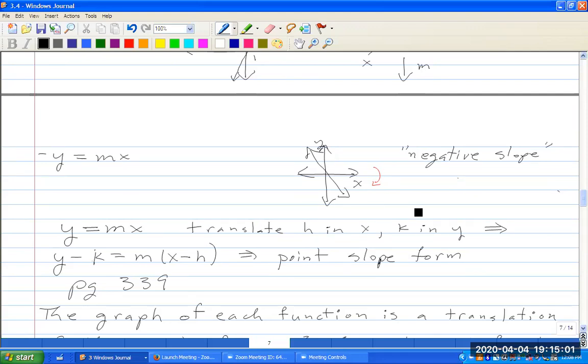Now, suppose that I take the graph and translate the curve h units in x and k units in y. Then y is replaced by y minus k, and x by x minus h. This is what we called the point slope form for the equation of a line.